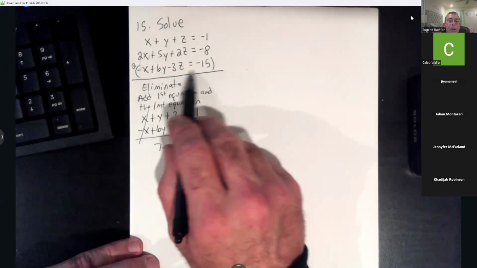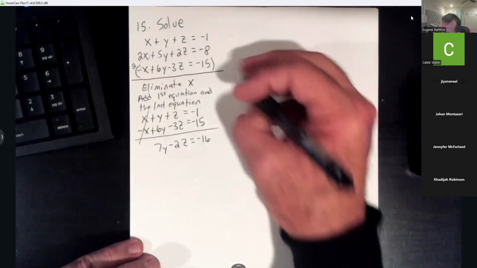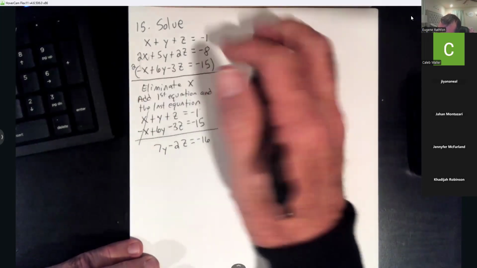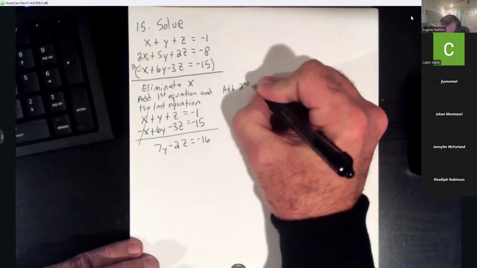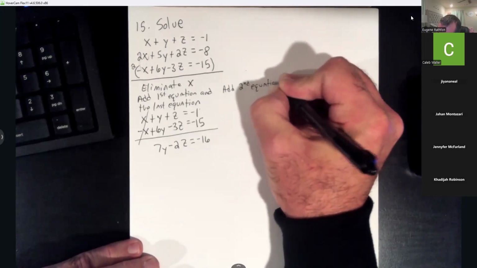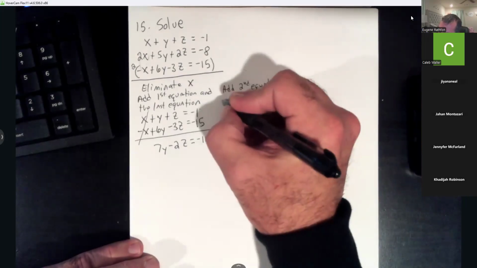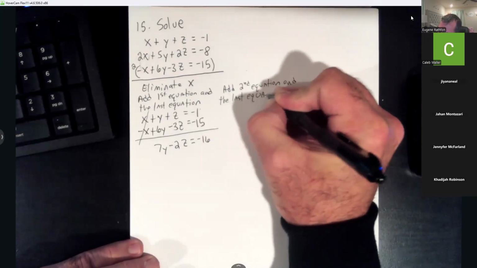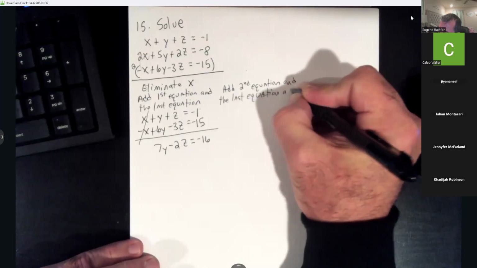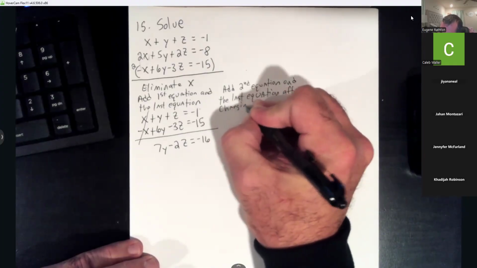So I'm going to add the second equation and the last equation after changing the last equation.